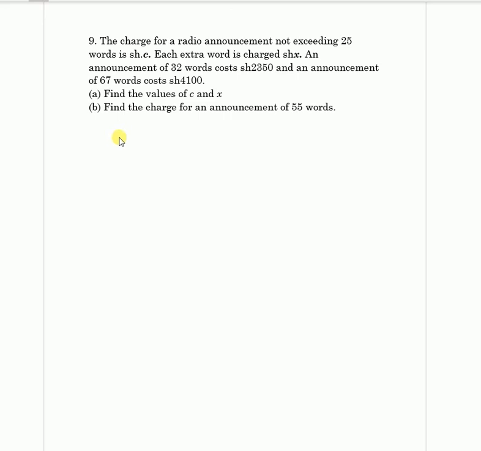The extra words are 32 minus 25, which is equal to 7. An advert of 32 words has 7 extra words. So they are going to charge C for the first 25. Your cost will be C for the first 25, plus 7 times X.